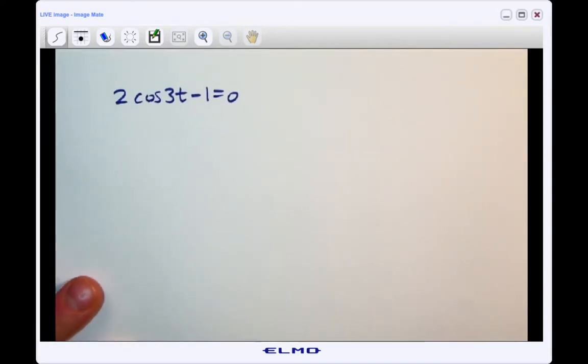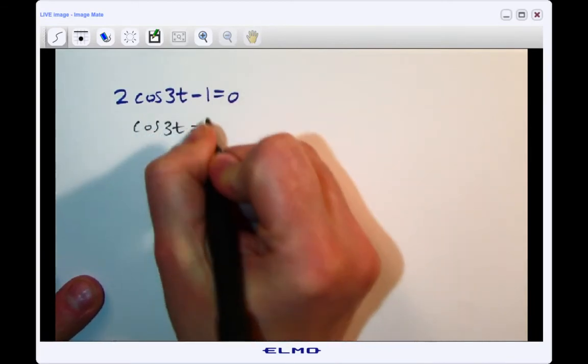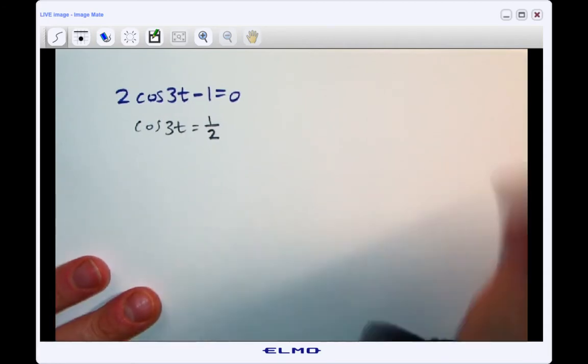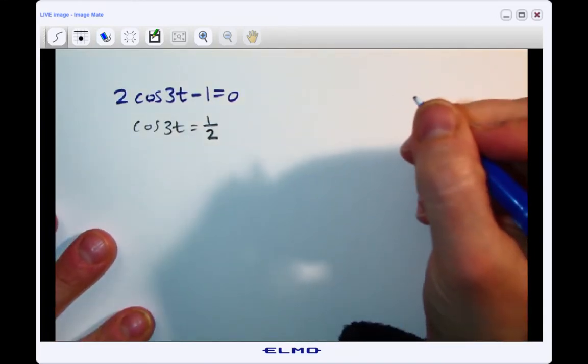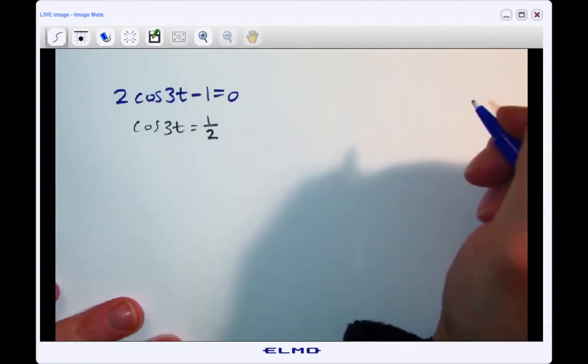Are you ready? So the first thing that we do, and this pen isn't very good, so let me get another one. The first thing that we do is, of course, solve for cosine. All right, now there's two things that we can do here. Once you see it a few times, maybe you can skip some of the steps.